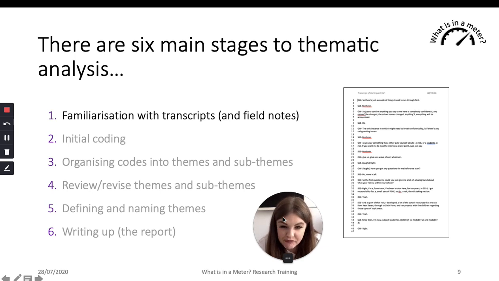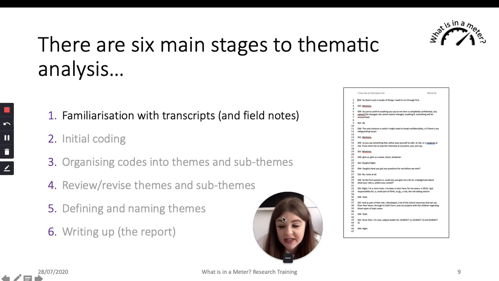And the data is most likely to be a transcript, like a verbatim transcription. Even if you've conducted the data collection yourself, it can be a really valuable stage to the analysis process to come back to the transcription with fresh eyes and just really read through it and understand what is being said and how.